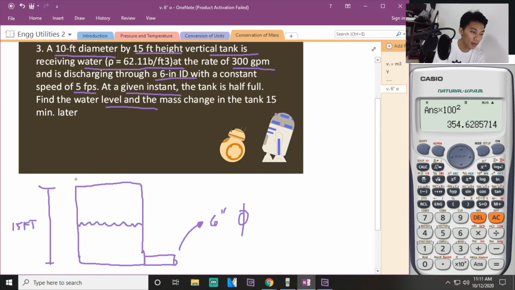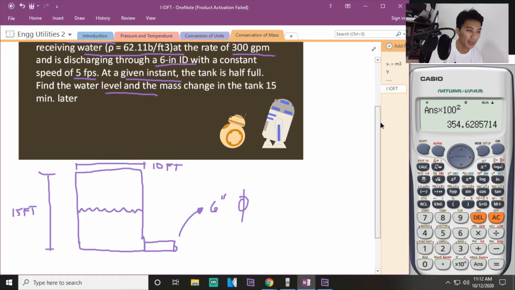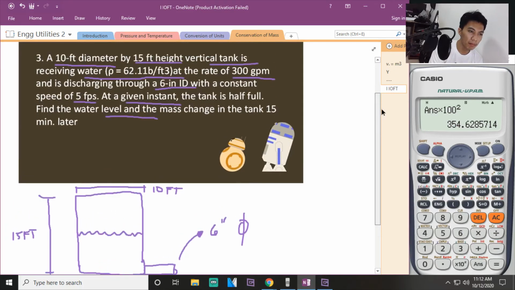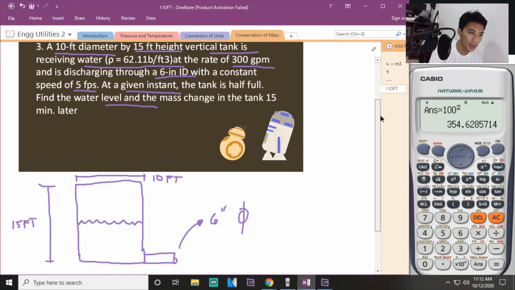Tapos ang diameter mo dito, from here up to here, will be 10 feet. And then, discharging at 5 feet per second. Ang hinahanap niya after 15 minutes. So, dito yung water niya. Meron kang receiving water 300 GPM. Okay.